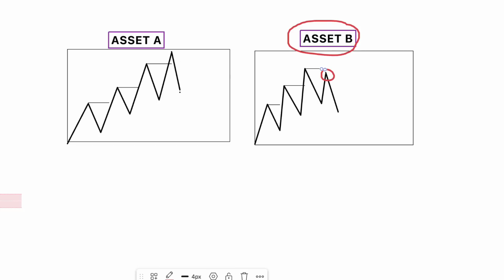Do you see what happened now? This guy created a higher high, while this guy created what? A lower high rather. That is a divergence in the correlation. That is a crack in the correlation of these two assets. And it must be at exactly the same time of that price action.